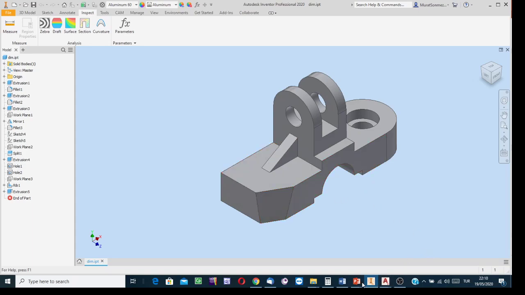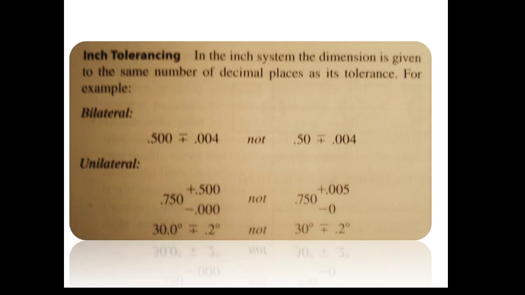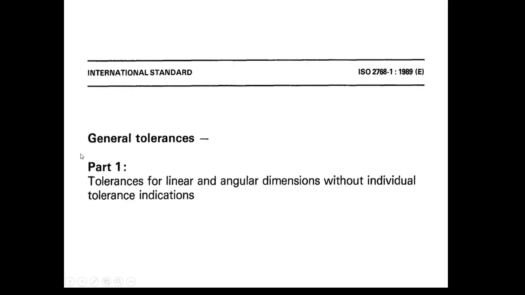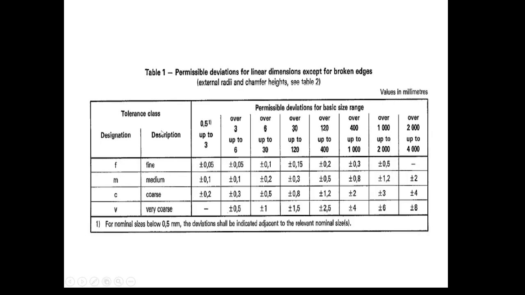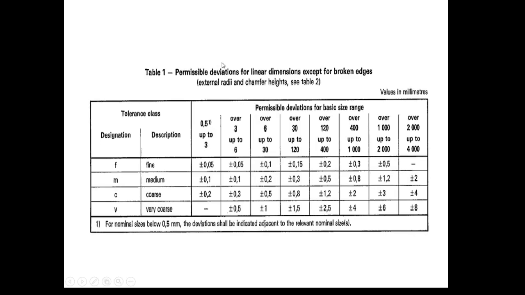For non-functional dimensions, we refer to such tables, general tolerance, part 1. For linear distances, refer to the first table. For angles, the third table. For chamfer sizes and external radii, the second table.